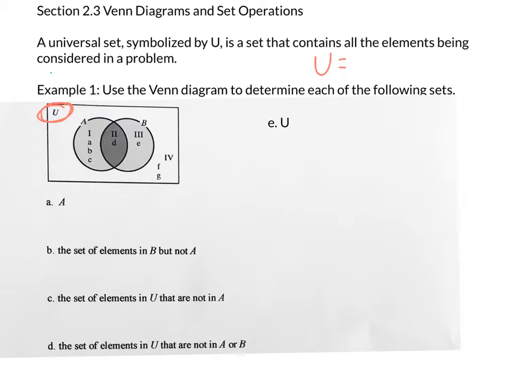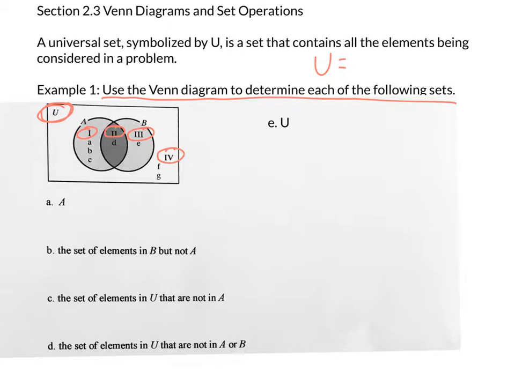Looking at example 1, we're going to use the Venn diagram to determine each of the following sets. We are going to list all the elements in the following sets. Please be aware, if you see Roman numerals in these Venn diagrams, these Roman numerals are labels for certain regions in the diagram.